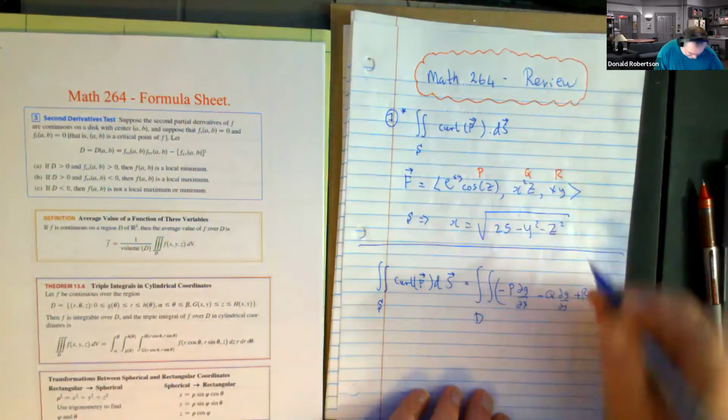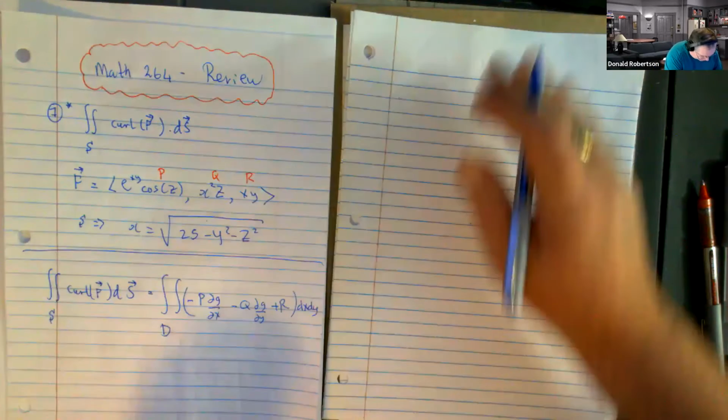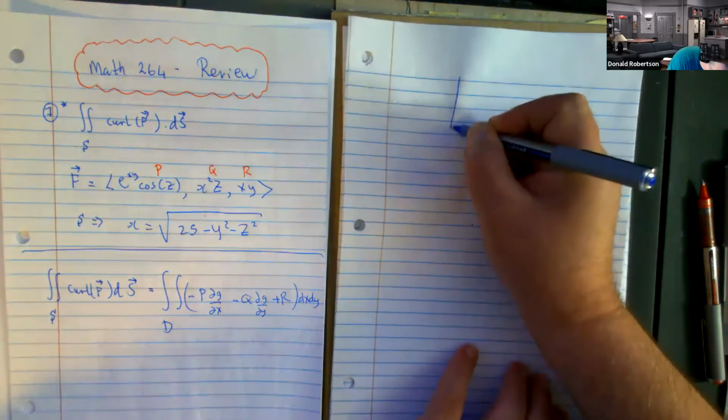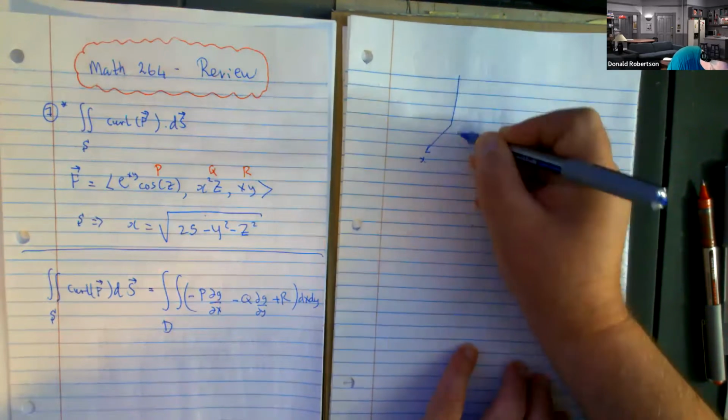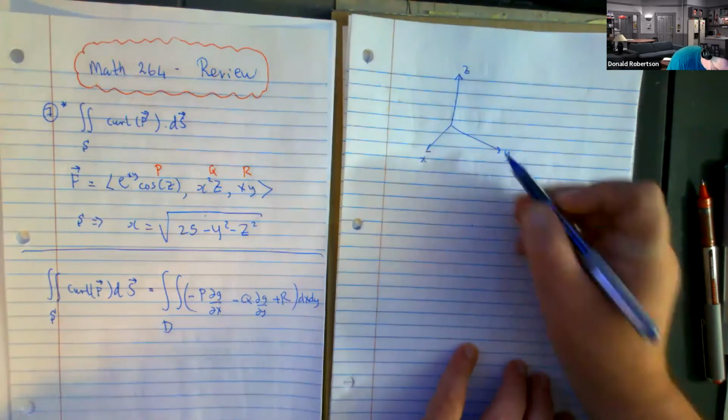And if we work on this guy, it's kind of overlap from last time. Essentially, there's the x-axis. Here is the y-axis, and here is our z-axis.